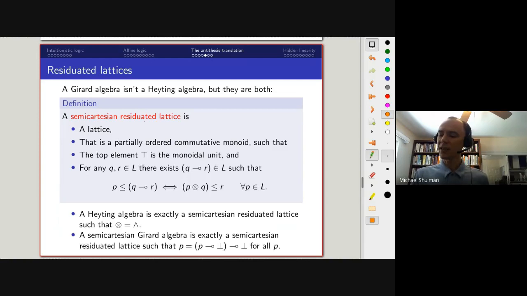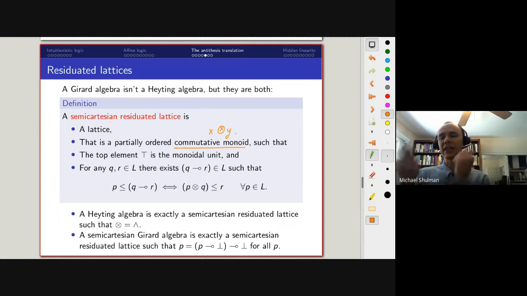So a residuated lattice has some of the structure of a Girard algebra and some of the structure of a Heyting algebra. It sort of puts them together, like an intersection of the two. So it's a lattice. It's also a commutative monoid. So like a Girard algebra, it has a tensor. It has this multiplicative conjunction, which is not the same as the lattice meet. And I'm thinking about only the semi-Cartesian affine case, so the monoidal unit is the top element.